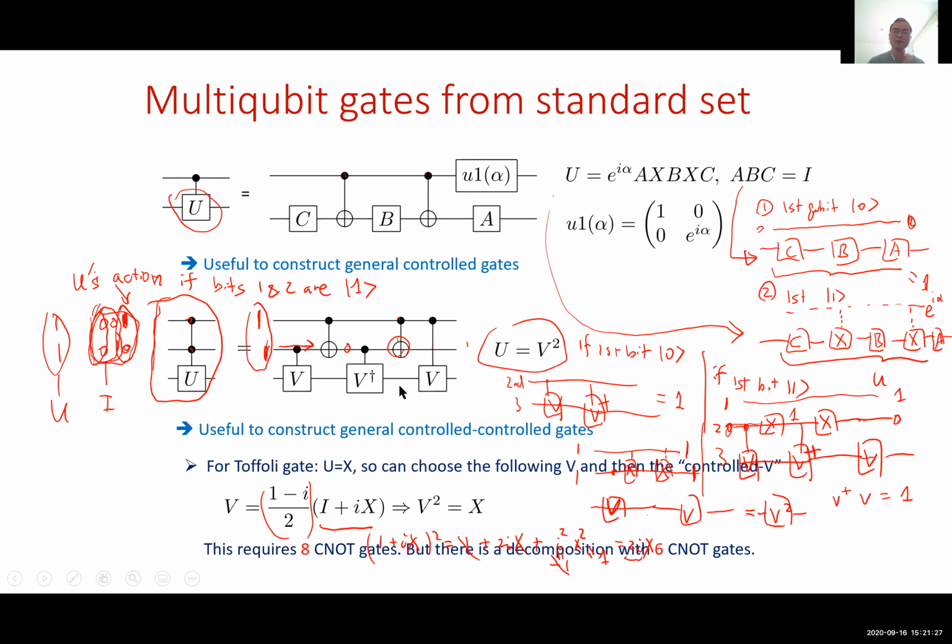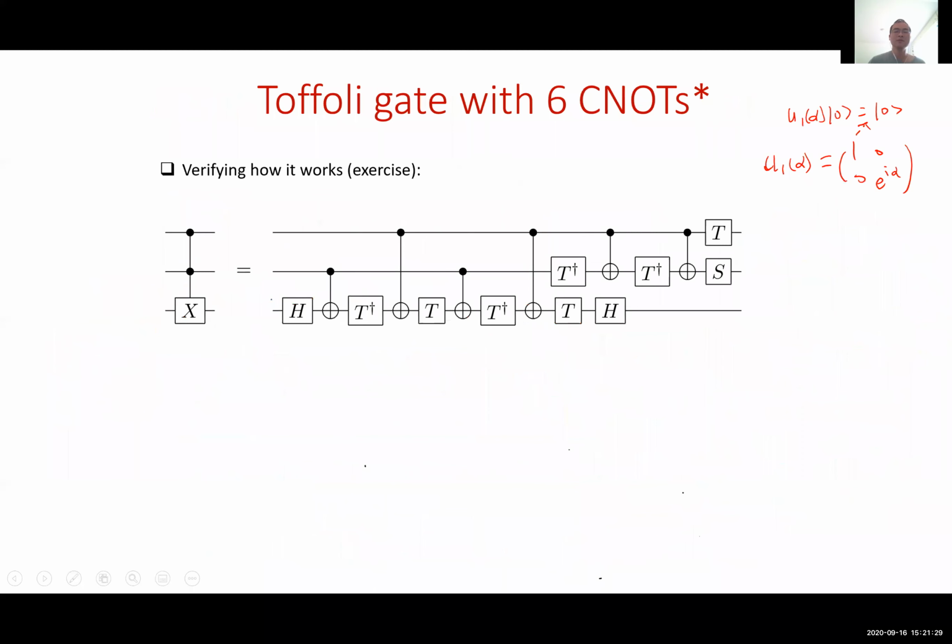And some of you probably know that in the current quantum computers, CNOT gates are the most noisy compared to single qubit gates. So it would be useful to use fewer CNOT gates. This is one example here that you can use 6 CNOT gates.